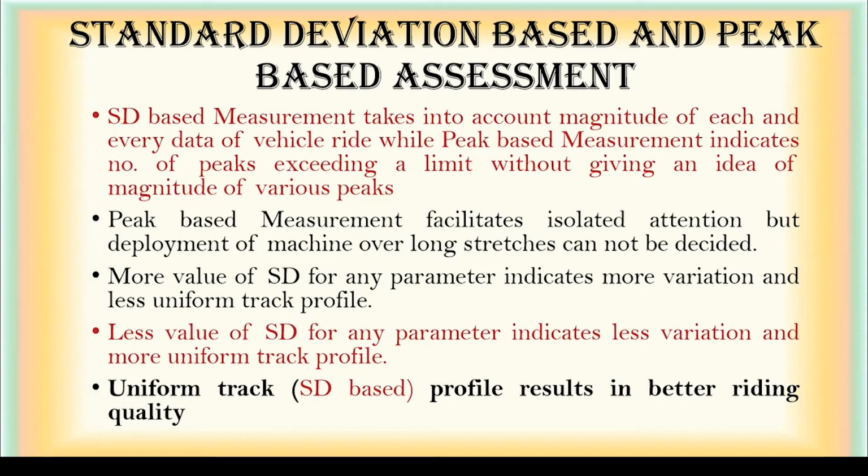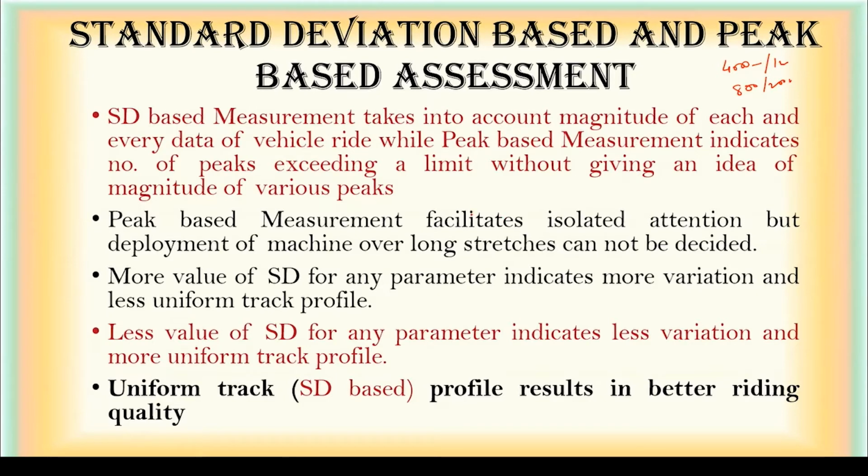Yes, sir. So what are the benefits of standard deviation over peak we have discussed? Just reiterate now. Standard deviation based measurement takes into account magnitude of each and every data, right? As we have discussed, we will get about 4000 data for each defect per kilometer, or 800 data per 200 meter for each defect.